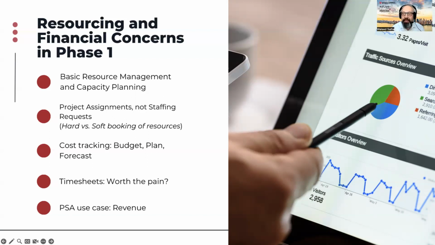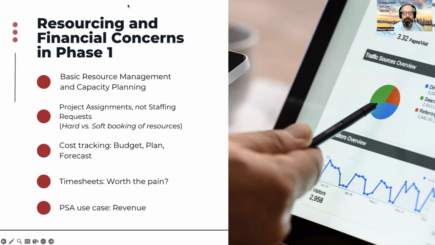On the other hand, they can be time-consuming and may encourage a focus on hours logged rather than quality and outputs or outcomes. To implement an effective timesheet process in phase one, and that's my advice, organizations should consider best practices such as setting clear expectations, streamlining data entry, and fostering a culture of accountability.